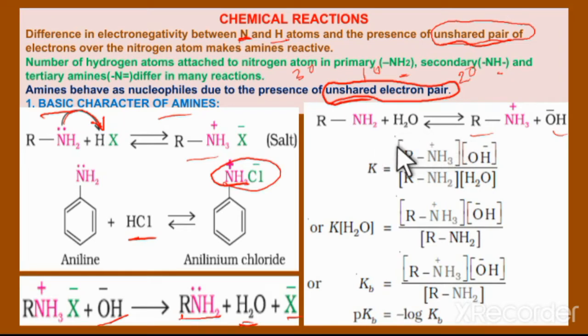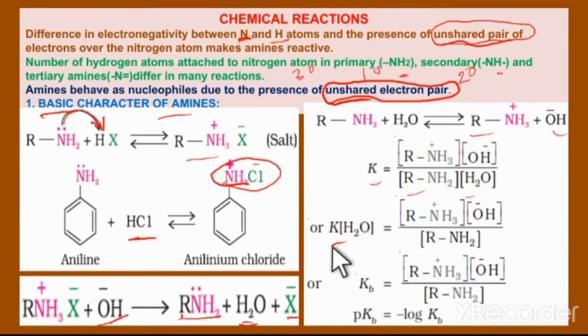Writing the equilibrium constant, K equals the concentration of alkyl ammonium ion multiplied by the concentration of hydroxide ion, upon the concentration of alkylamine multiplied by the concentration of water. Rearranging, K times the concentration of water equals the concentration of alkyl ammonium ion times the concentration of hydroxide ion, upon the concentration of alkylamine.